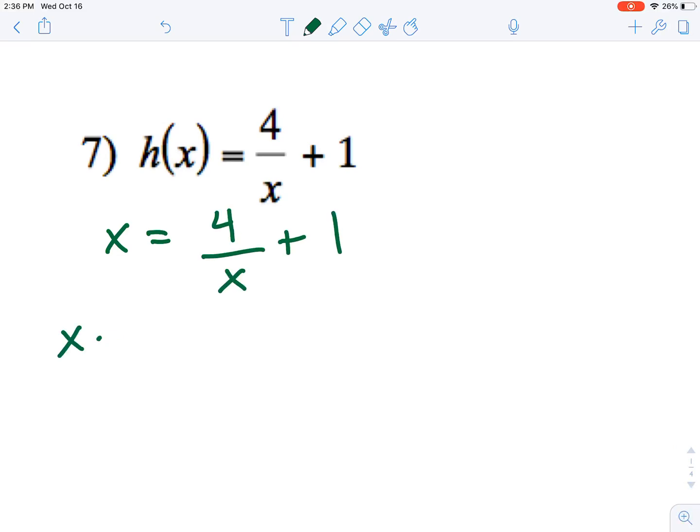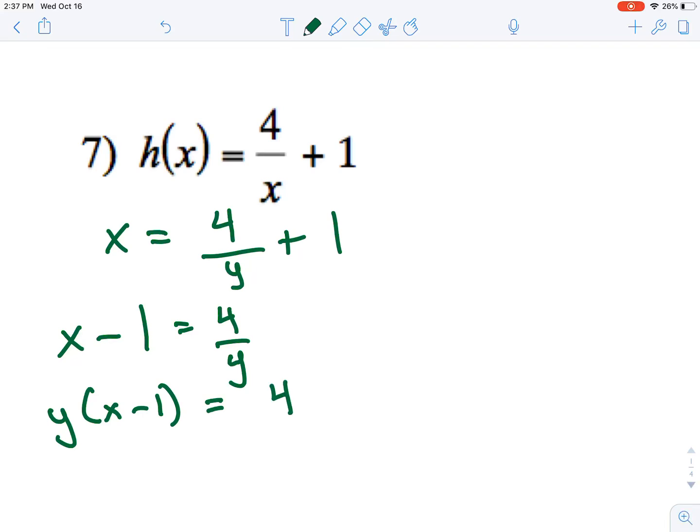Okay, 7. So for 7, we have this. I'm going to take away 1. These start to get a little repetitive, except this is y. And then from here, I'm going to get rid of divided by y, and I'm going to do that by multiplying by y, which is going to give me y times x minus 1 is equal to the number 4.